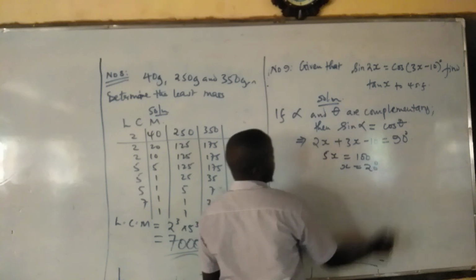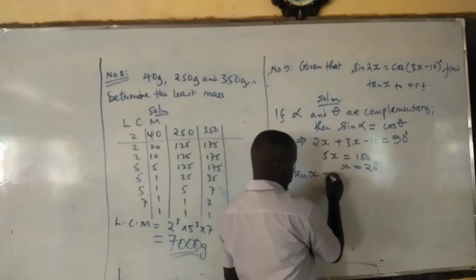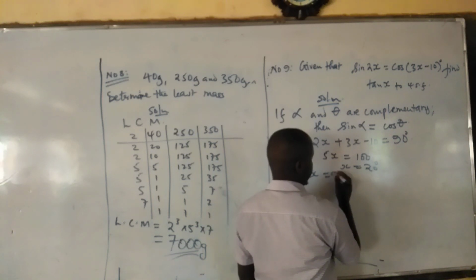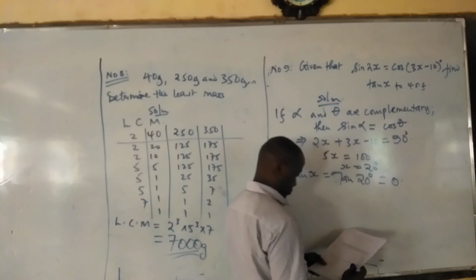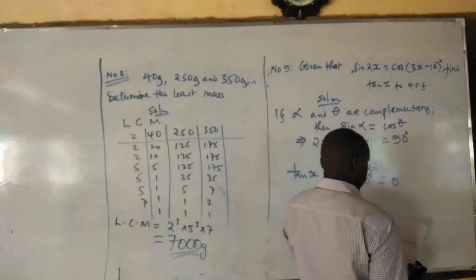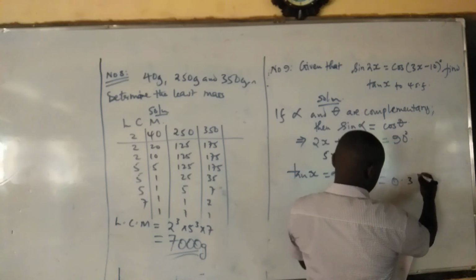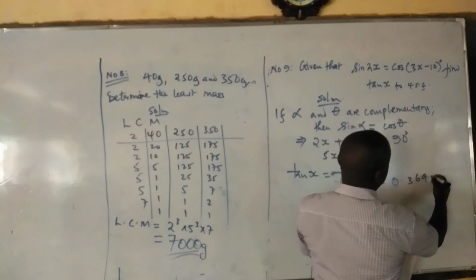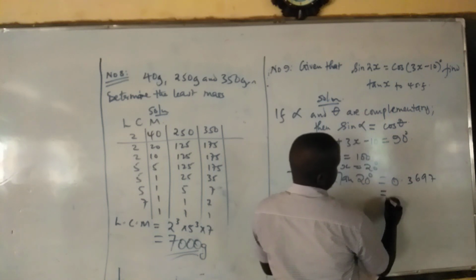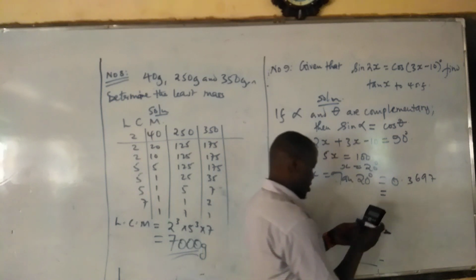Therefore, now x is 20 degrees, and we are told to solve tan x, which will be the tan of 20 degrees. Let me check the exact value.